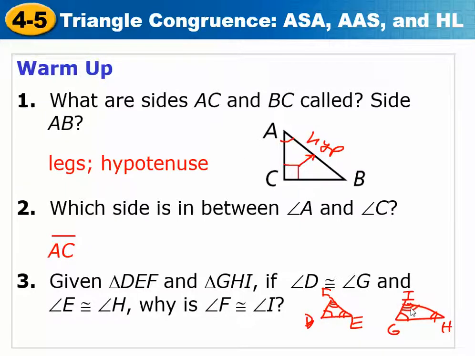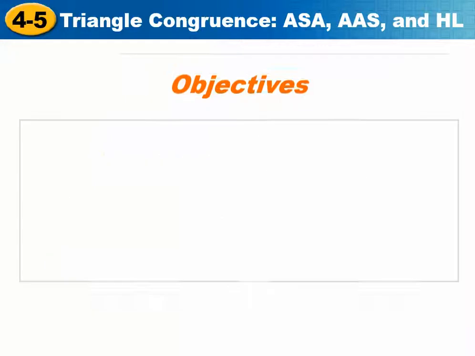We learned this theorem in an earlier chapter, and it comes from the fact that there are 180 degrees in each triangle. So if D is congruent to G and E is congruent to H, then these two must be the same measure, which means they must be congruent. It's called the third angles theorem, and we'll use that today.